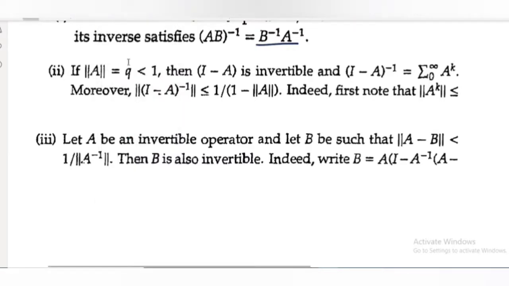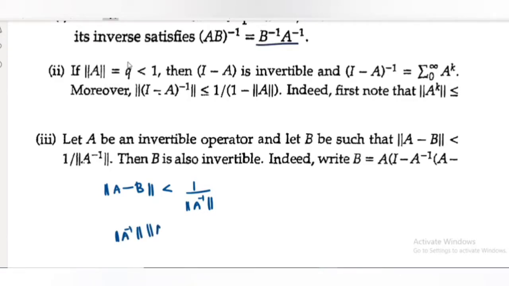So we have to prove B is invertible, and the given condition is norm of A minus B is less than 1 by norm of A inverse. If you multiply this, what we get? Norm of A inverse into norm of A minus B is less than 1.